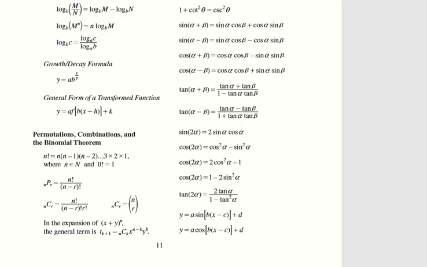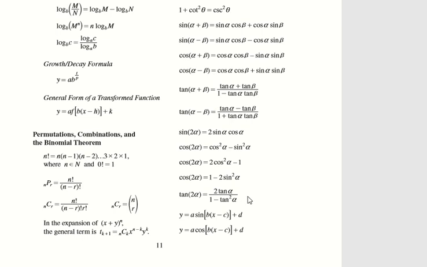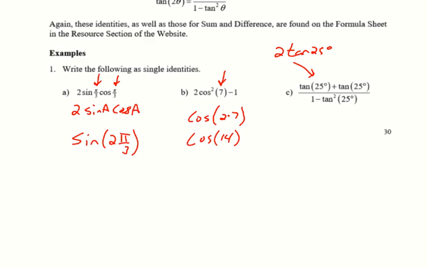The top can be written as 2 tan 25, so I can rewrite this whole thing as tan 2 of the angle. That's tan of 2 times 25, so this is just tan of 50 degrees.